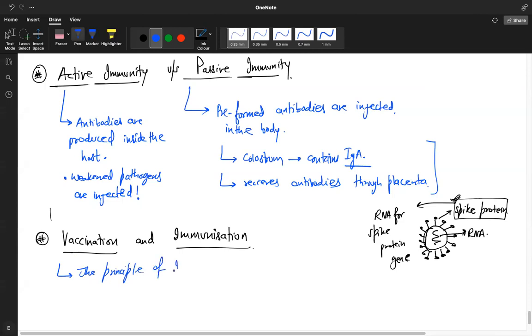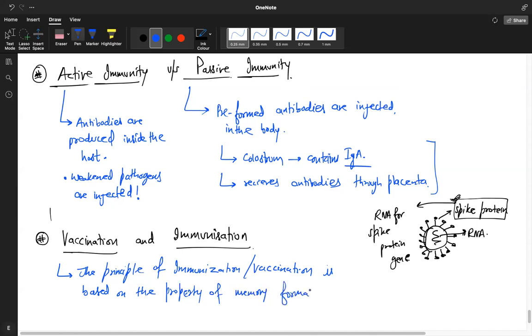The principle of immunization: vaccination is based on the property of memory formation of the immune system. And basically now we are talking about the adaptive immune system, so I'm not going to mention it again and again. So you know, right?